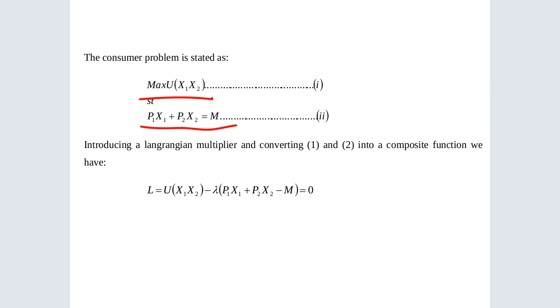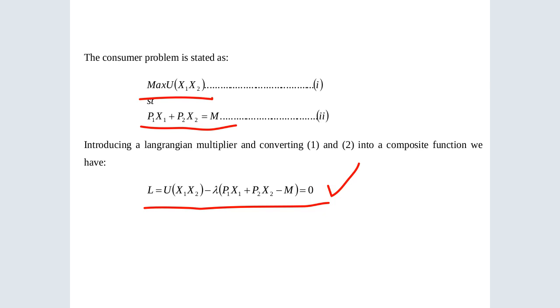So this simply means that the Lagrangian is expressed as you introduce a lambda into the budget constraint, which should be equal to 0.